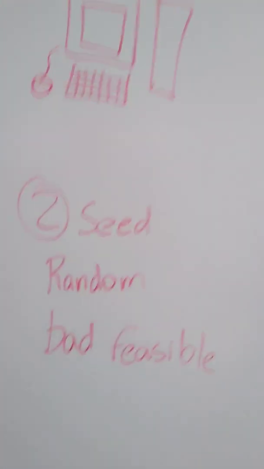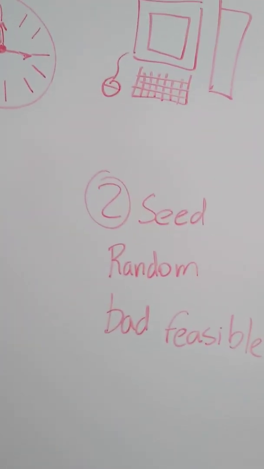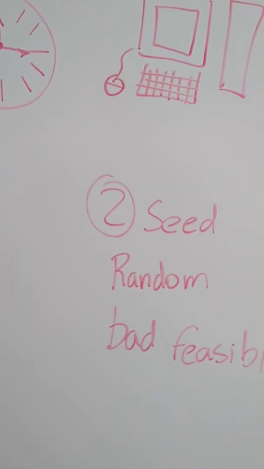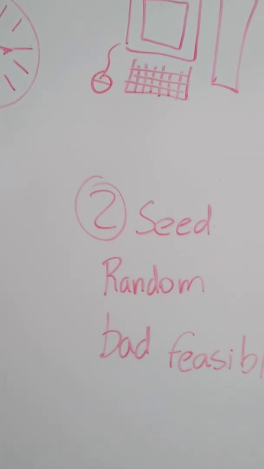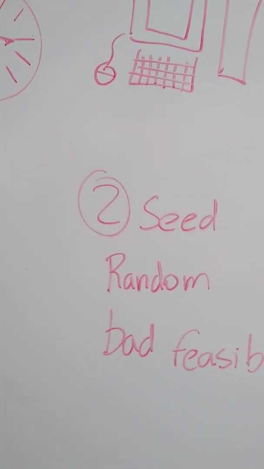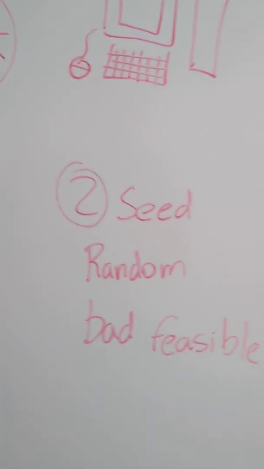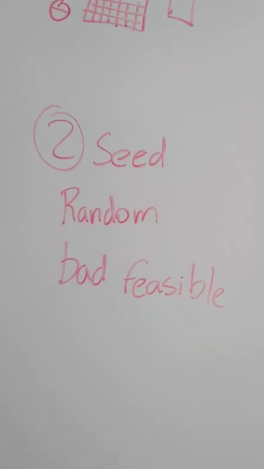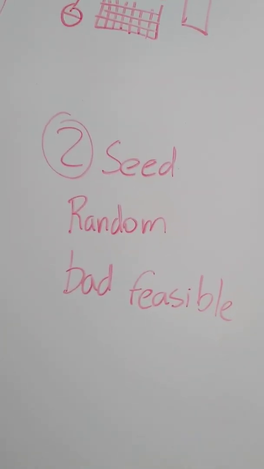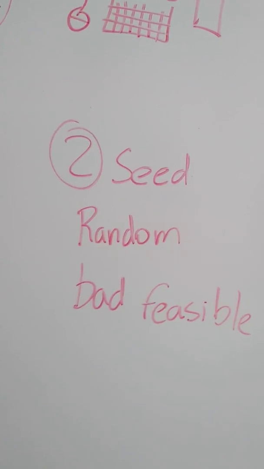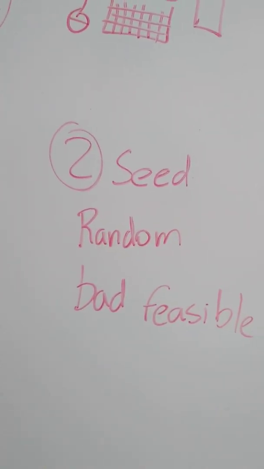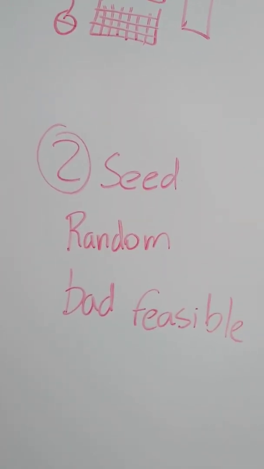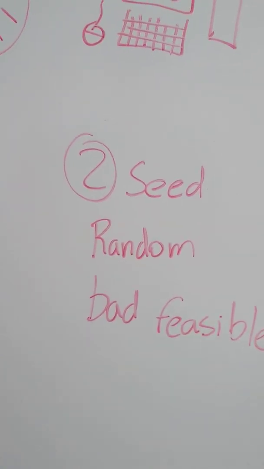And the second factor is the seed. The seed is an operating sequence from which the algorithm will start to search. It could be a random search, or it could be a feasible seed, but with a bad time to be optimized. This is a seed that takes a long time to reach the goal, but satisfy all the constraints.